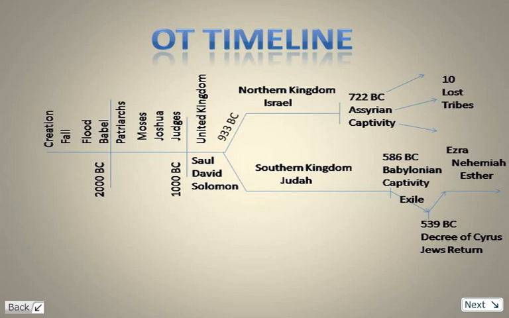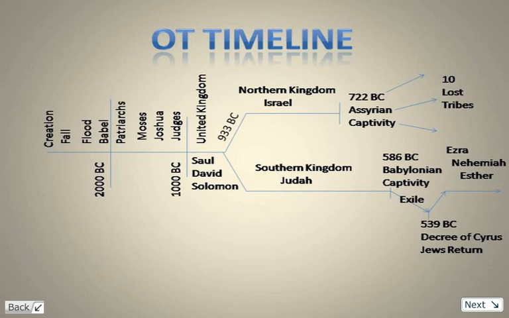Then after Solomon, there is a split, and there's the northern kingdom of Israel and the southern kingdom of Judah around 930 BC. The northern kingdom of Israel is taken captive by the Assyrians in 722 BC.